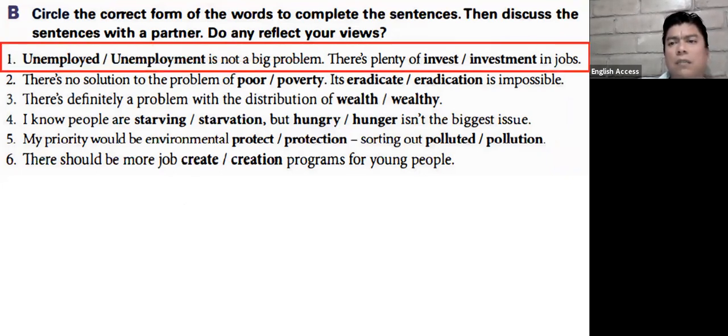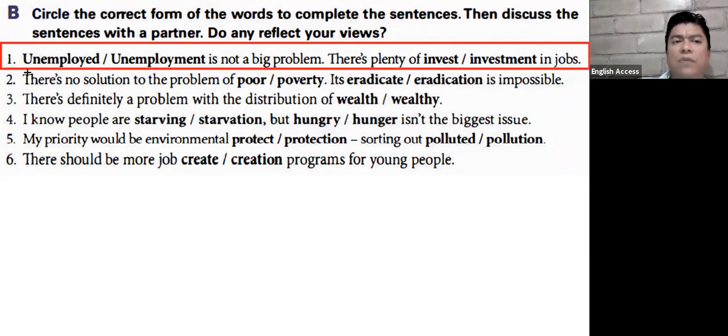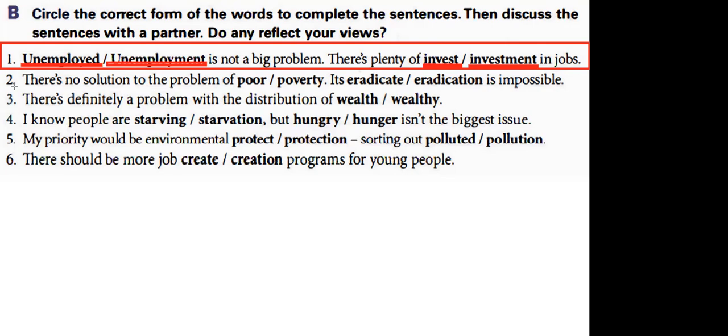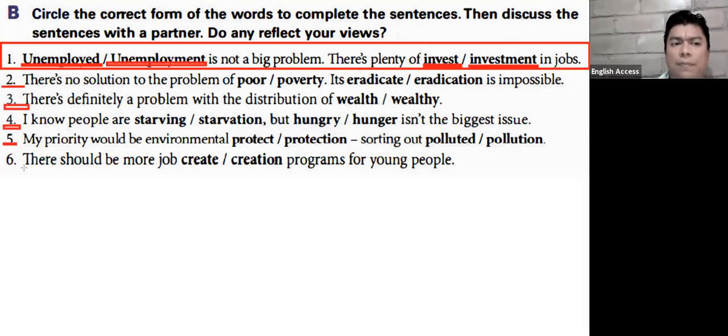In number 1, you have to decide whether to use unemployed or unemployment, and in the second sentence, you have invest or investment. So circle the correct word in each number. That will be homework.